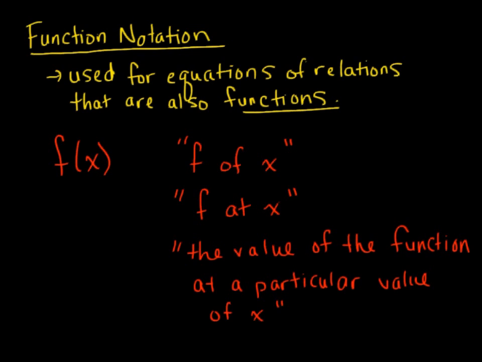It's not f times x. It's saying what is the value of the function, or what is the value of that relationship or equation at a particular value of x. Okay? So this is a new notation that you probably haven't seen before. But essentially, it's going to go in place of the y in an equation.